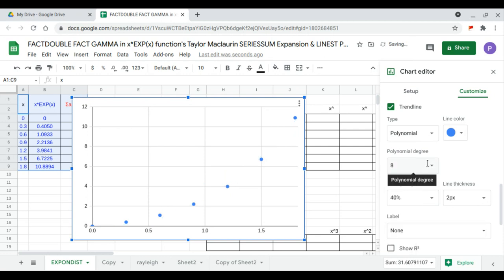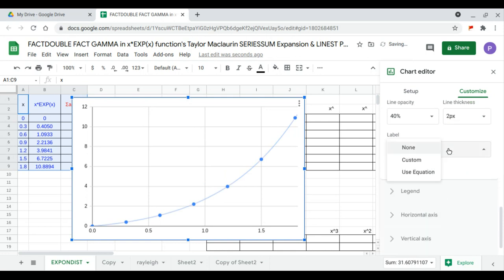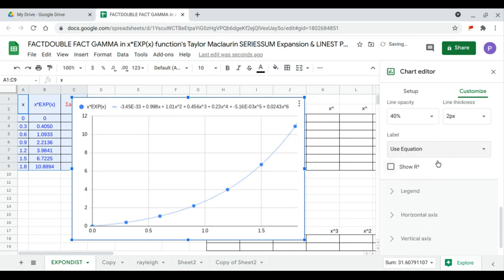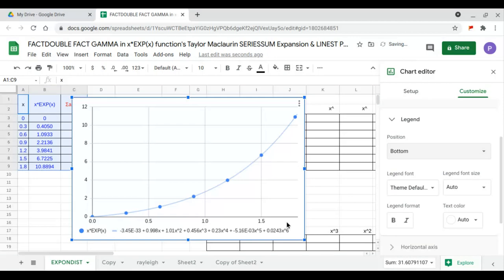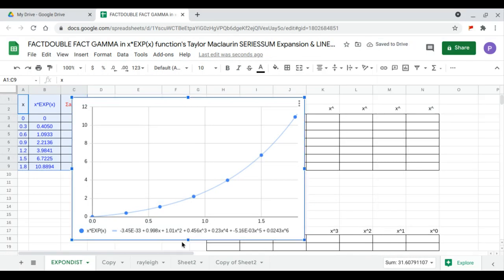And show the equation as label, the legend position at the bottom. And here's our trend line and trend line polynomial.